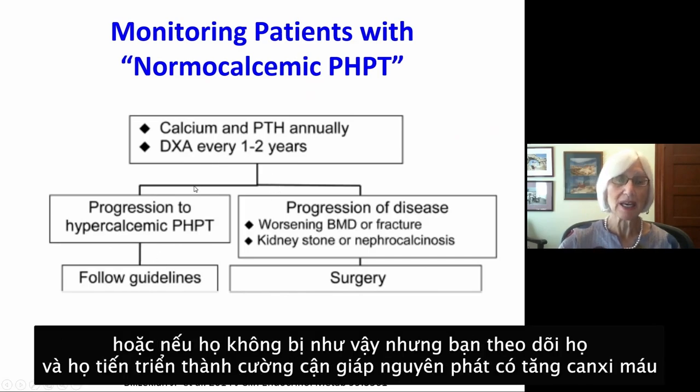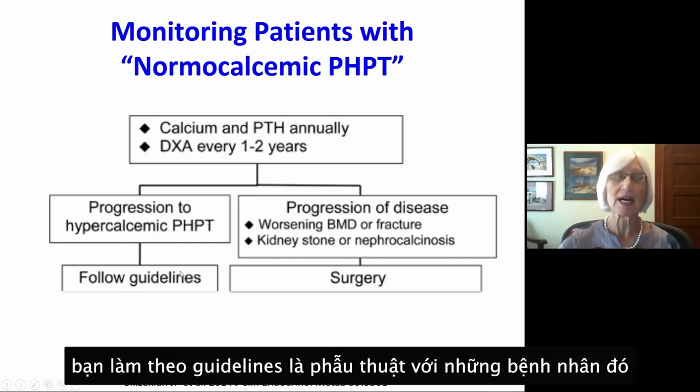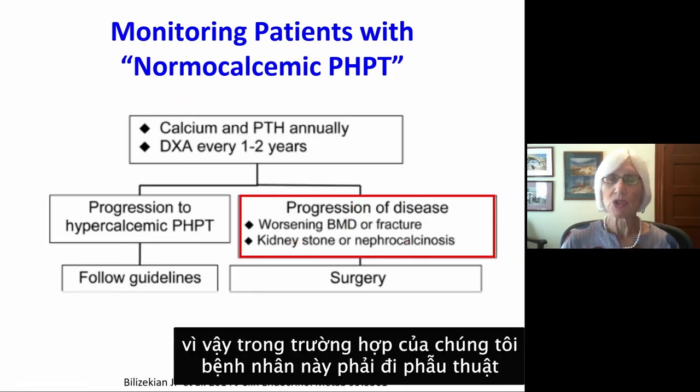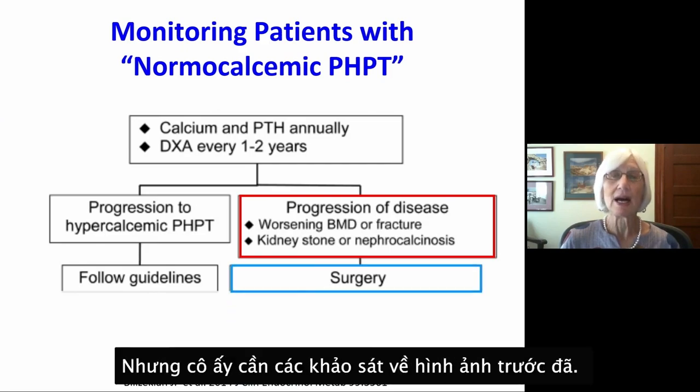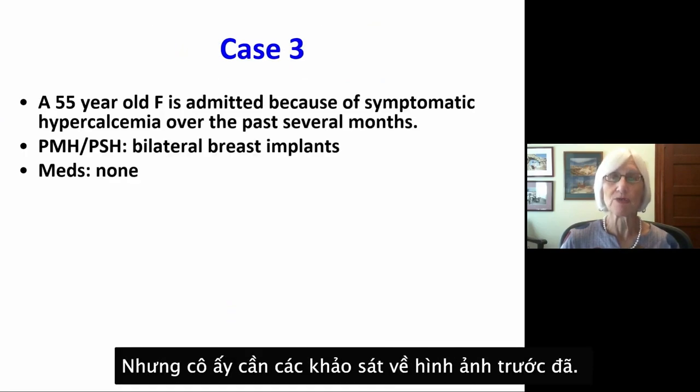Or if they don't have this, but you watch them and they progress to hypercalcemic primary hyperpara, you follow the guidelines for surgery with those patients. So in our case, this patient had to go to surgery, but she needed the imaging studies first.